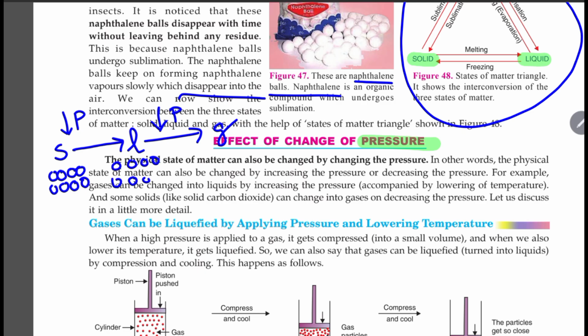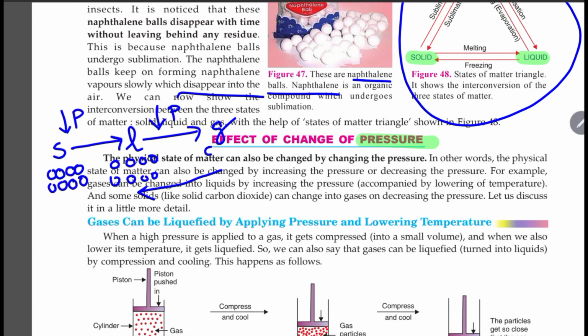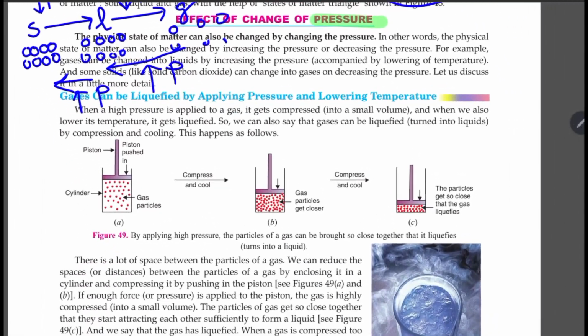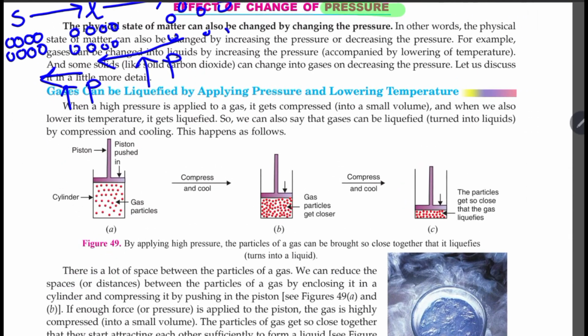So if I have to do the reverse from the gaseous to the liquid state, I have to bring them closer. So what I need to do is increase the pressure. Similarly, from liquid to the solid state, I need to increase the pressure in order to bring the particles closer, in order to increase the interparticle forces of attraction. So that is how gases can be liquefied by applying pressure and lowering temperature.